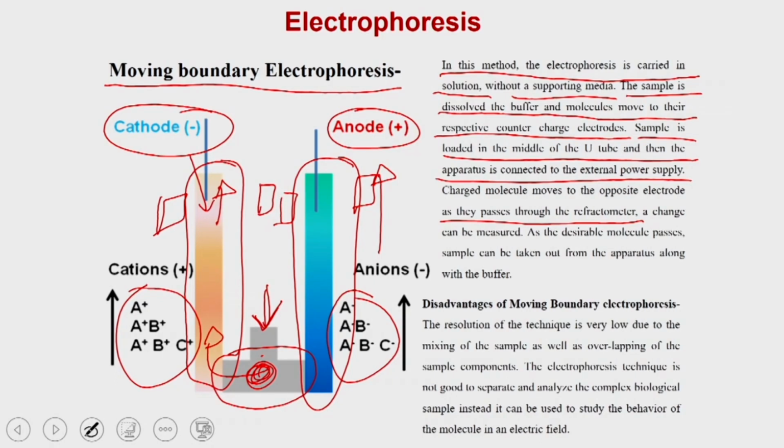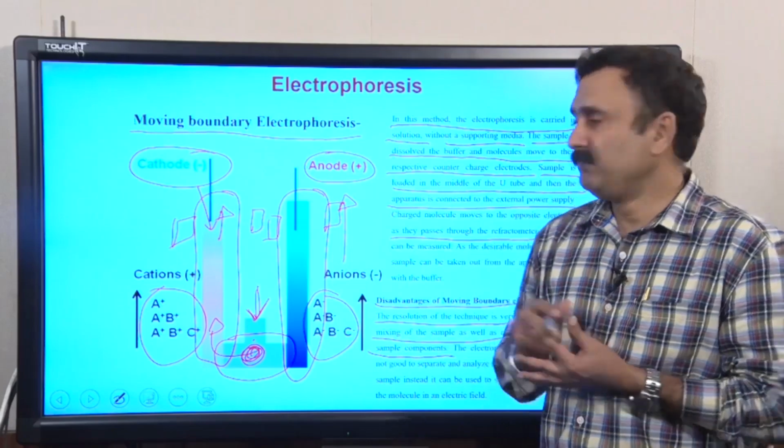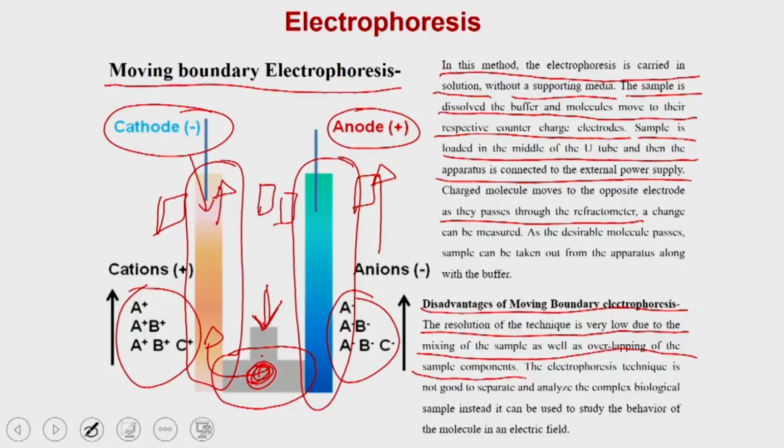But what is the disadvantage of moving boundary electrophoresis? The resolution of this technique was very low, due to the mixing of the sample as well as the overlapping of the sample components.